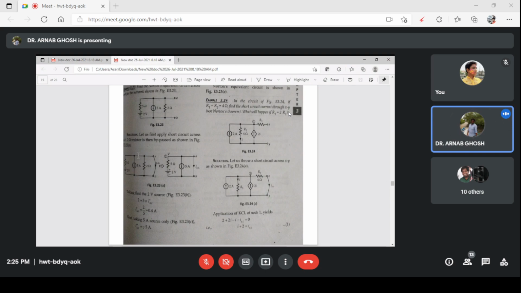So from this, if you equate these two, you are getting that ISC is equal to I by 2.